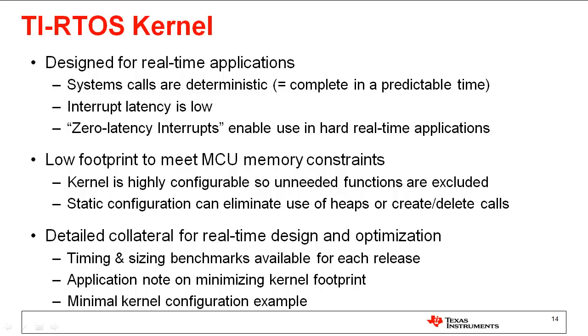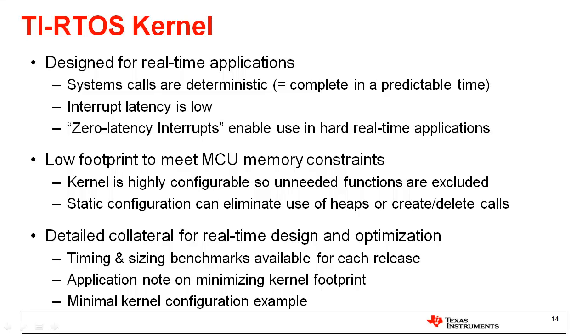Now, those zero-latency interrupts cannot interact directly with the OS, but that's typically not a problem, and it's more important for you to be able to service a hard real-time event without having to experience any OS latency at all.